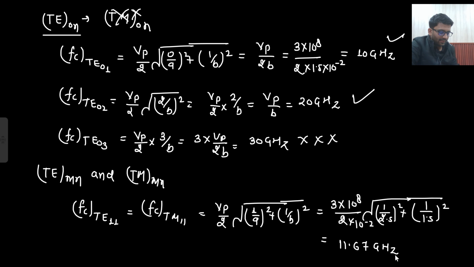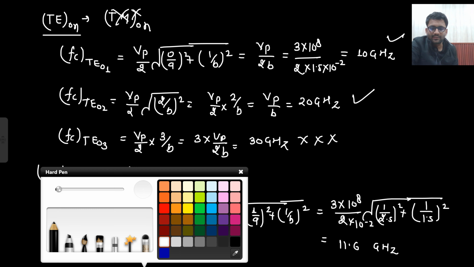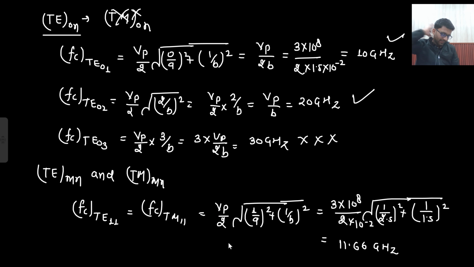Let me do it again. 6.25 under root plus... 11.66 we are getting. So 11.66 gigahertz. That is correct. So this is for TE11.